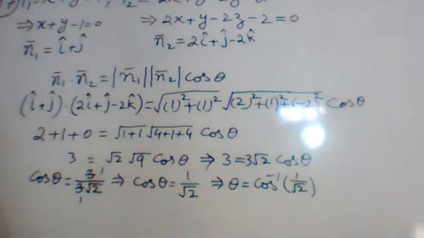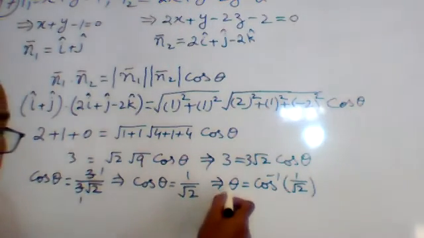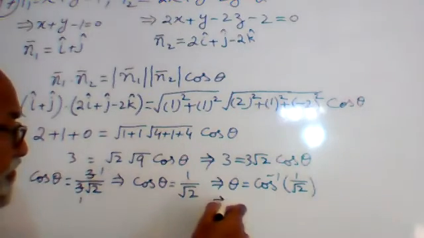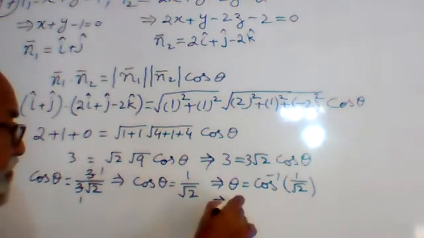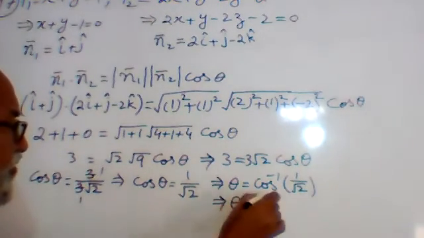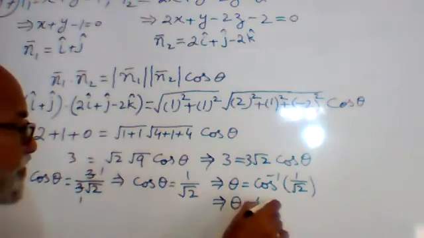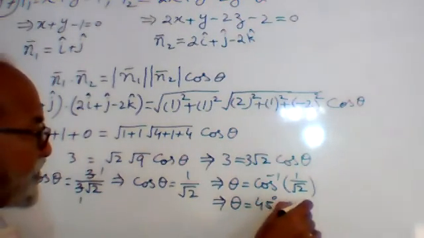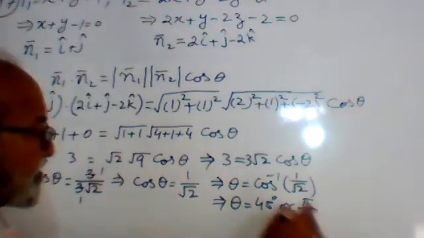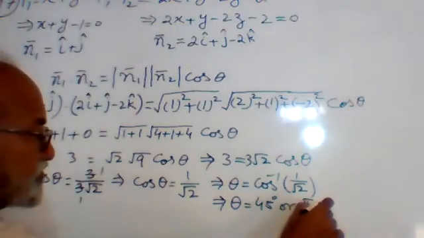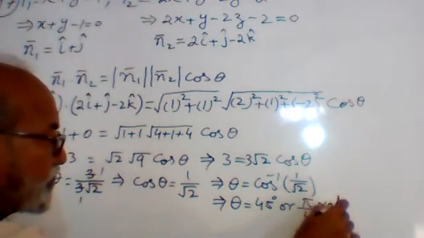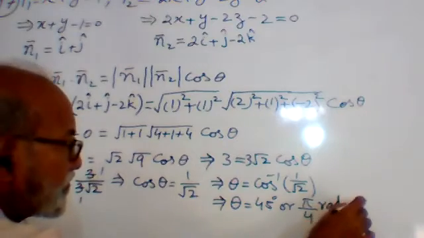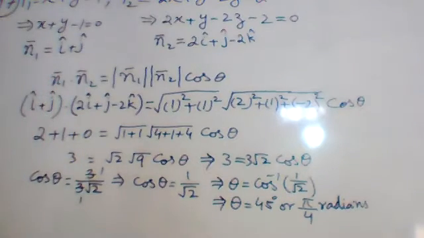So therefore, theta will become 45 degrees or pi by 4 radian, the angle.